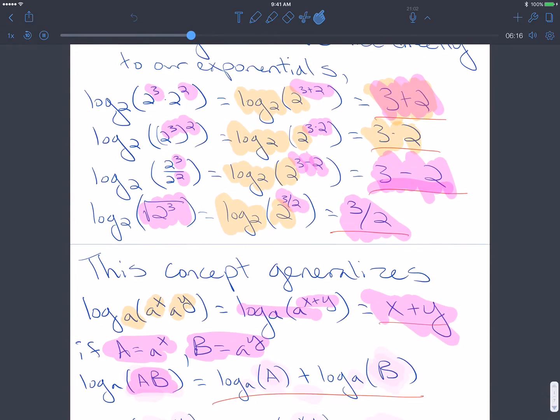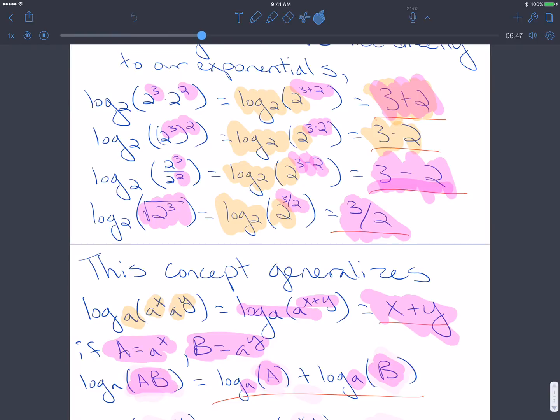So if I have this, I can use the same concept, right? If log base a of a to the x plus y, which is the same as log base a of A times B, was x plus y, well, x, if I represent it in terms of the logarithm, is log base little a of big A, right? That would get me x, and log base a of B would get me y.